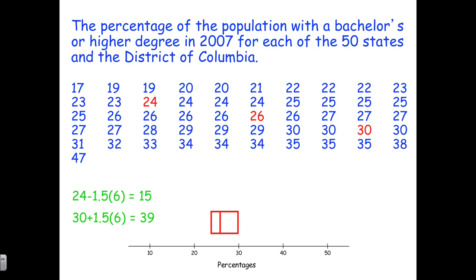You add it to 30, your Q3, to get 39. So any data points below 15 would be outliers on the lower end, and there aren't any. 17 is our smallest data value. Any data values above 39 are outliers at the high end, and we do have one data value, that's 47. By this definition, it is a mild outlier.